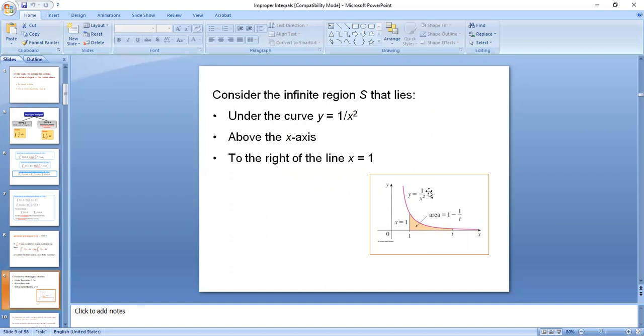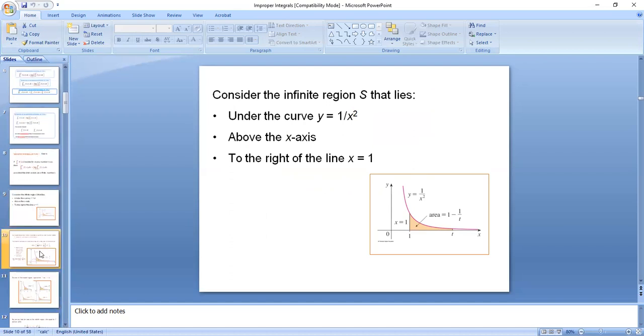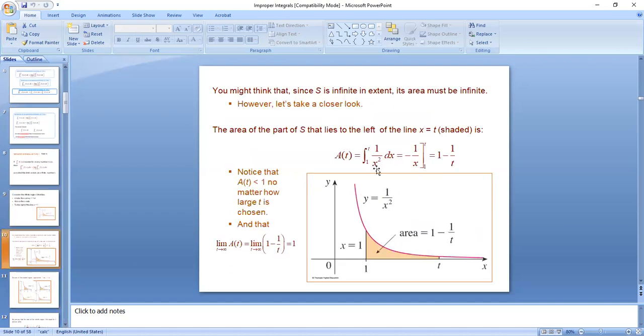So what was done to the function 1 over x squared was that it was integrated. If you integrate 1 over x squared from 1 to t, this is the answer, because the antiderivative of this is negative 1 over x. If you substitute the limits 1 to t, you will have 1 minus 1 over t.